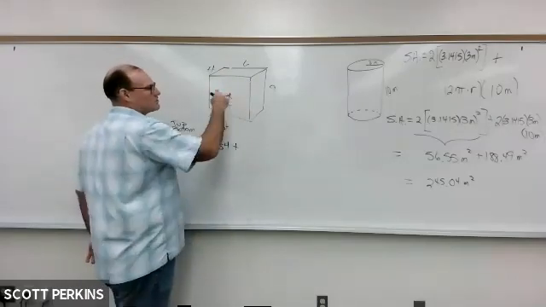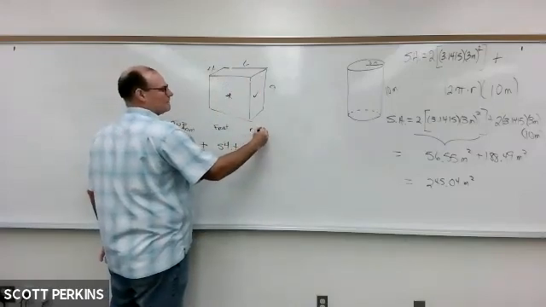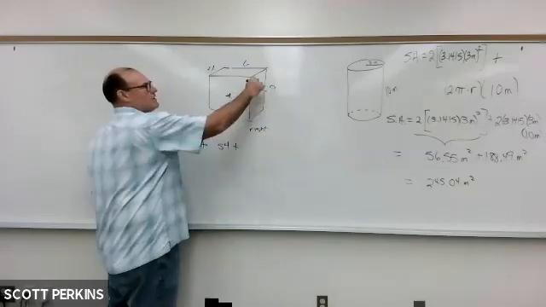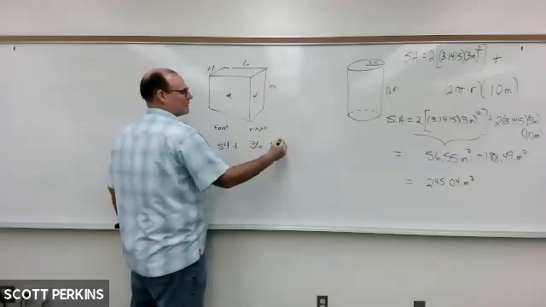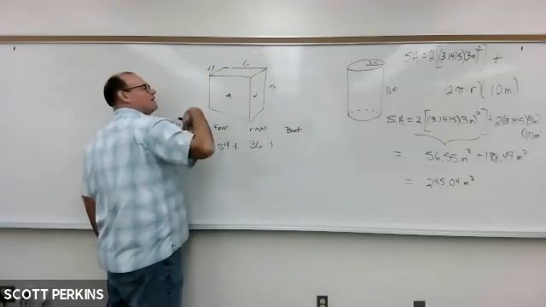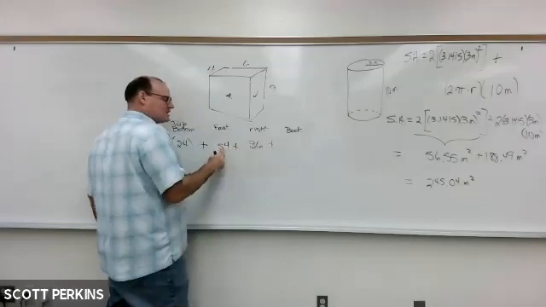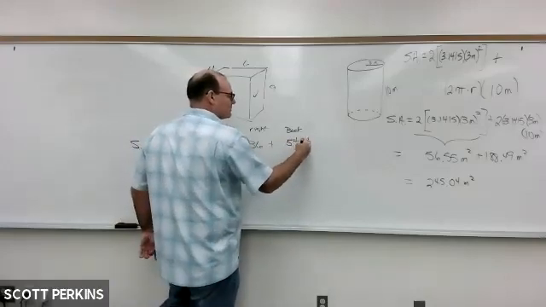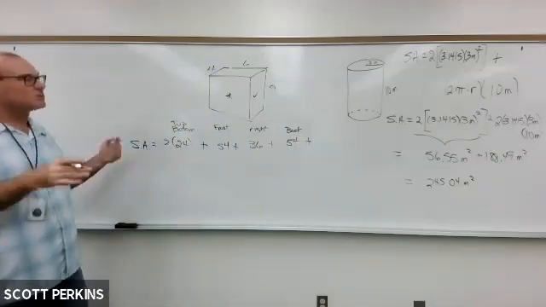Great. So now I'm just going to go around. I'm going to put a check mark right here. This is the right side. What are the dimensions of the right side? Okay, 4 and 9, so that's 36. And then the back that we can't see, what are the dimensions of the back side there? Okay, 9 and 6 again. And like I said, you could have just doubled the front and said front and back, but I just don't want to do this in a novel way and have you confused about why we're doing this one differently.